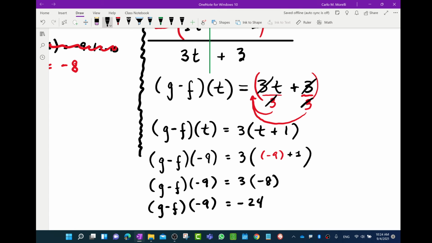In my opinion, it is utterly crucial that you get to this point here. And there's a reason for that, and I'll tell you the reason right now. I'm going to make the point. Why is it important that you arrive at the function, the difference with respect to t, and not just jump right in and plug in the number?